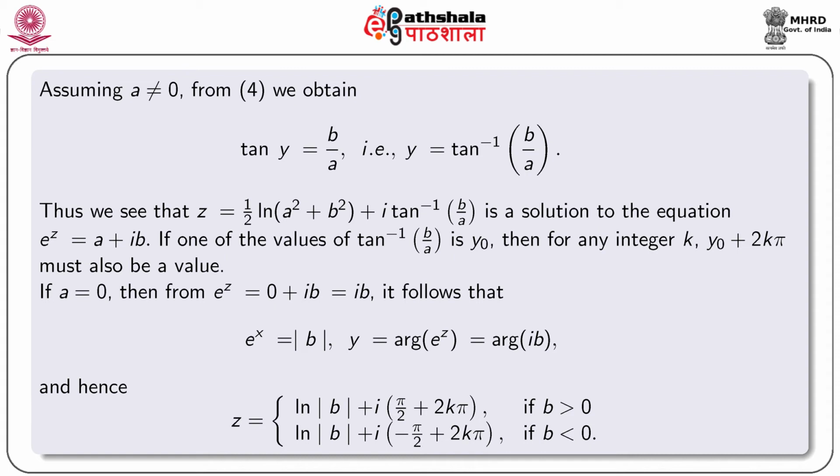If one of the values of tan inverse b by a is y0, then for any integer k, y0 plus 2k pi must also be a value.